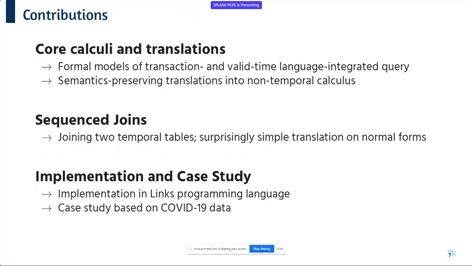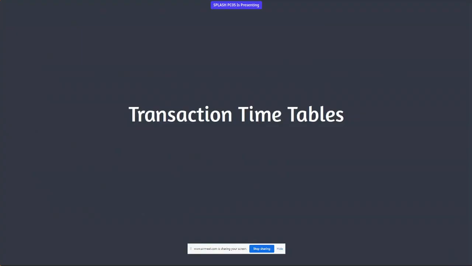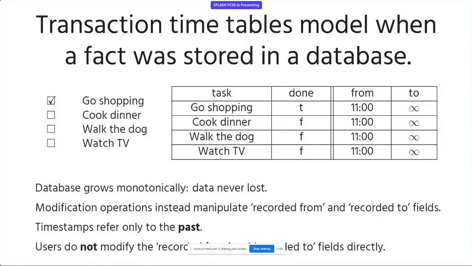That's if you've got different tables which are both temporal, how would you join those together? We derive a language abstraction for that, and a very simple translation strategy which allows us to do that really neatly. And finally, we implement this in the Links functional programming language, and we implement a non-trivial case study based on curating COVID-19 data.